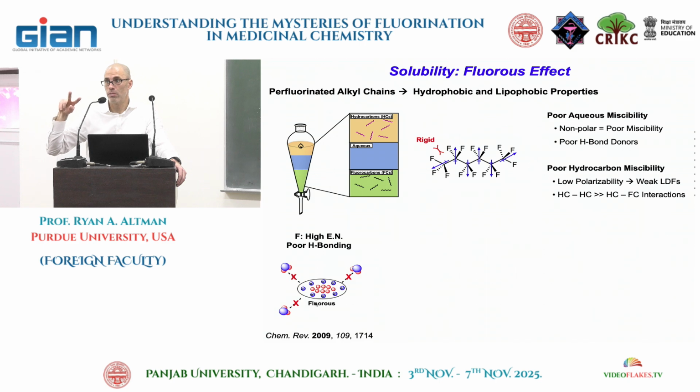And the second is true. So fluorine, being so electronegative, pulls its electrons towards itself. When it pulls electrons towards itself, they become less basic. So the lone pairs of electrons on fluorine are not very good bases for hydrogen bonding interactions.